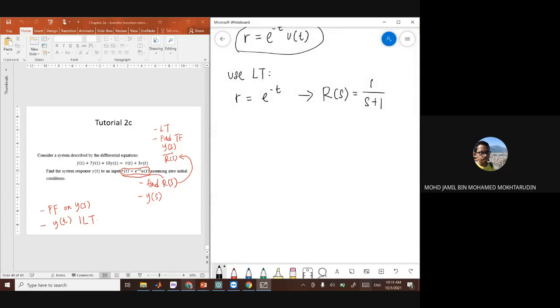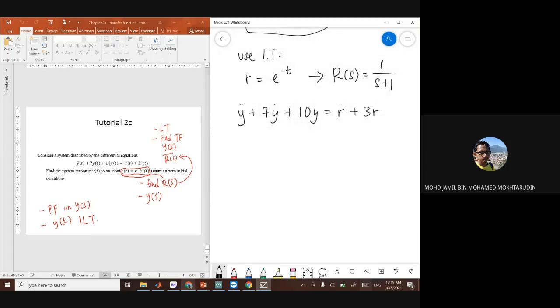So from the differential equation, you will get Y(s) s squared plus 7s Y(s) plus 10 Y(s) equals sR(s) plus 3R(s).